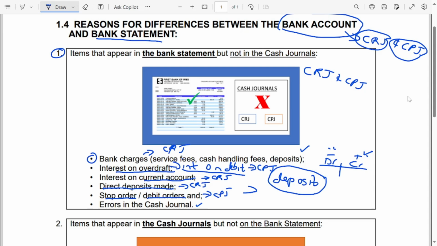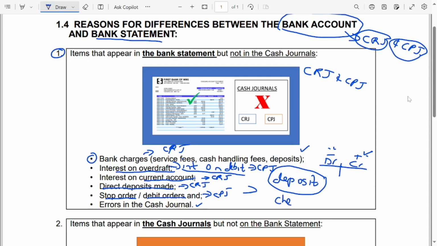So we record it in the bank reconciliation statement every month up until it appears in the bank statement. So once it appears in the bank statement in that month, it is going to be seen as if it is not appearing in the cash journal of that month, but we know that it has already appeared in the previous month. So with that, we don't record that deposit.